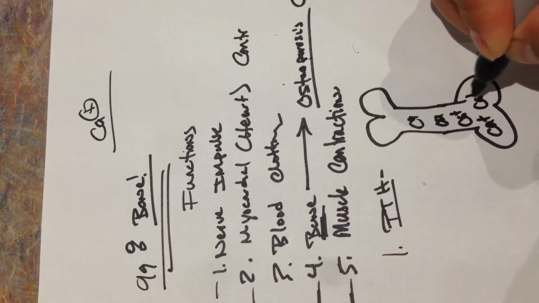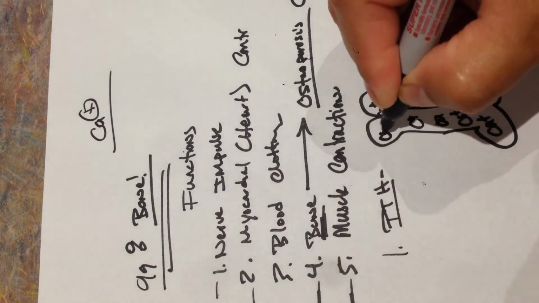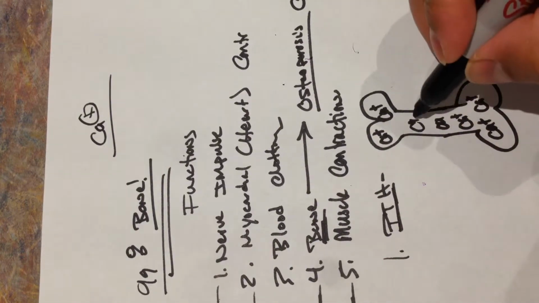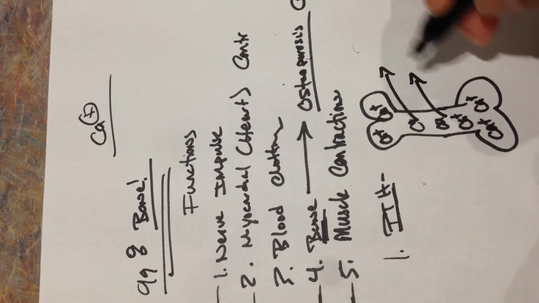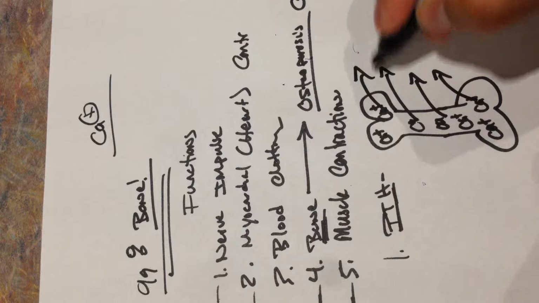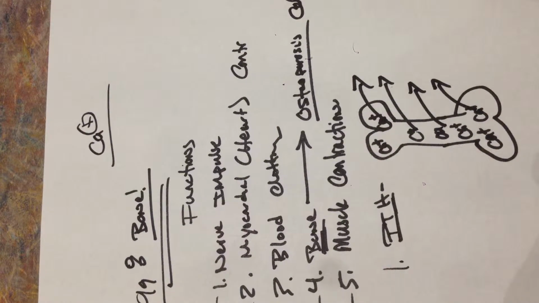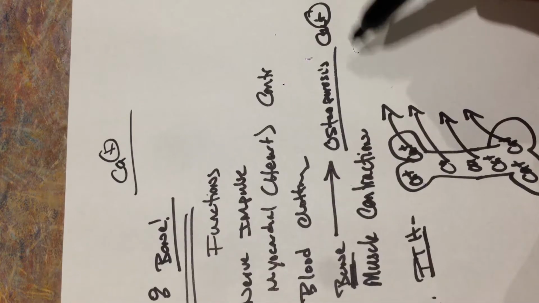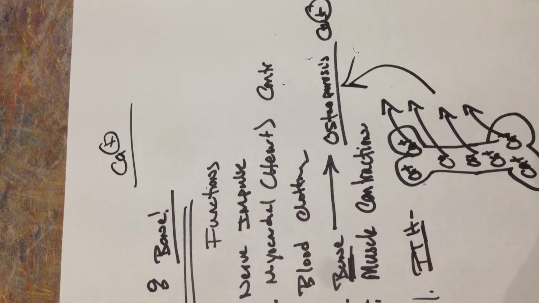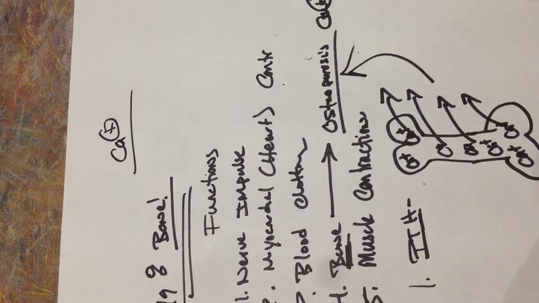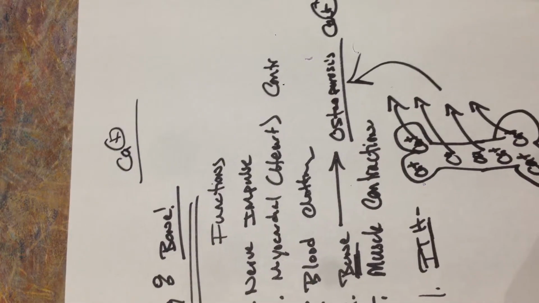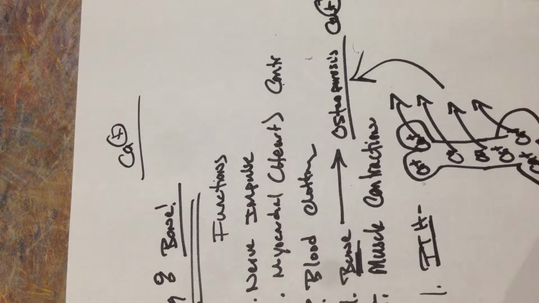Now, when your body senses that you have low calcium, parathyroid hormone will be secreted and it will cause calcium to come out of bone. If this continues, you'll have calcium loss, bone will be weakened, and you will end up with something like osteoporosis, which is why you tell geriatric patients, especially geriatric women, to consume calcium to help prevent this.